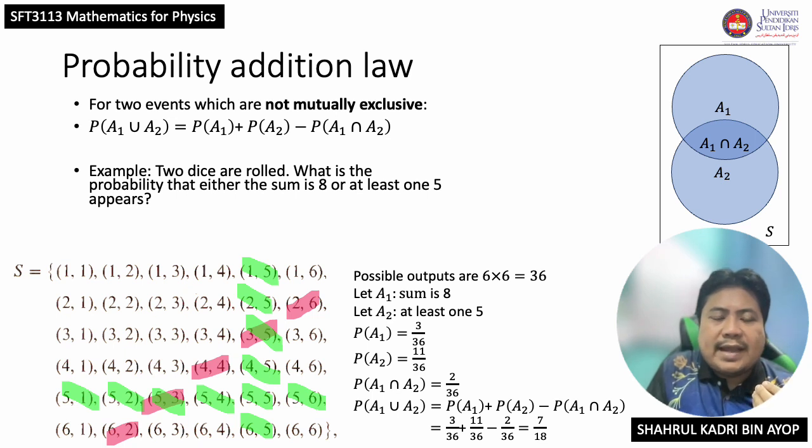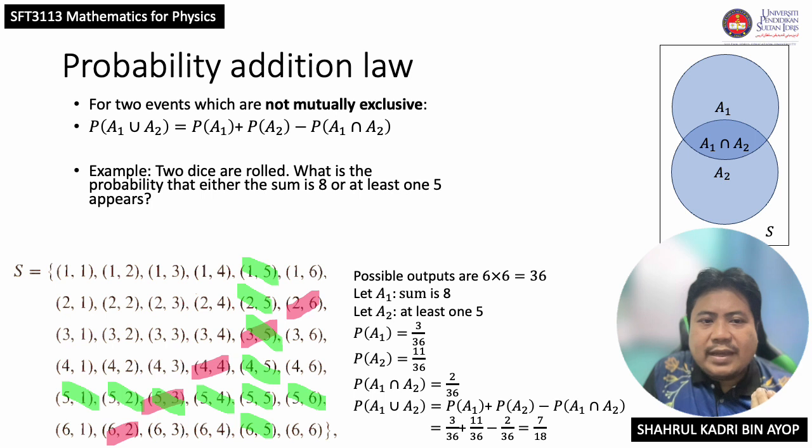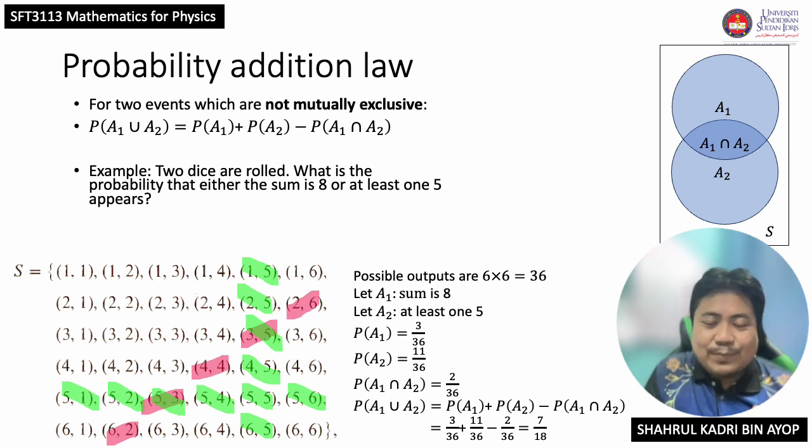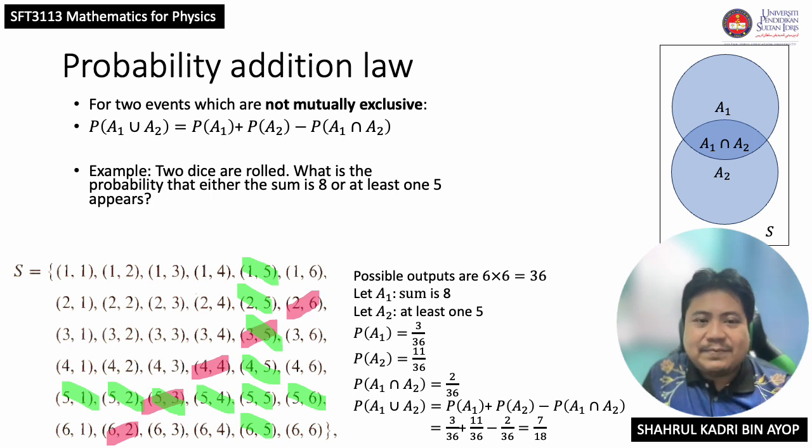What is the probability that either the sum is 8 or at least one 5 appears? So to get 8, we look among the possibilities where at least one die shows 5. These are the 36 possibilities of elements in the space.